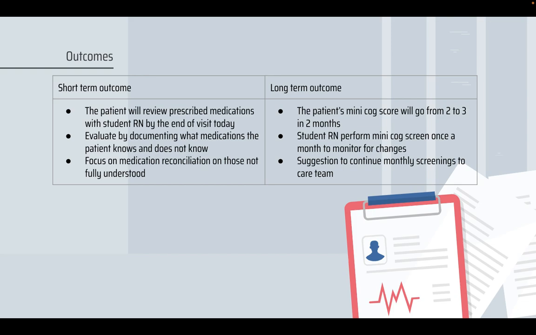My long-term outcome: the patient's mini-cog score will go from a 2 to a 3 in 2 months. The student RN will perform a mini-cog screen once a month to monitor for changes. I will also suggest that monthly screenings continue with the care team.